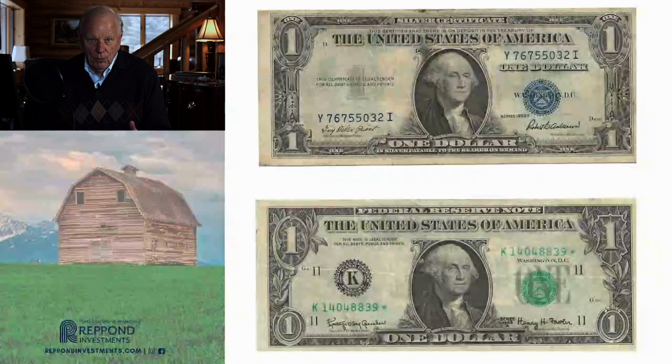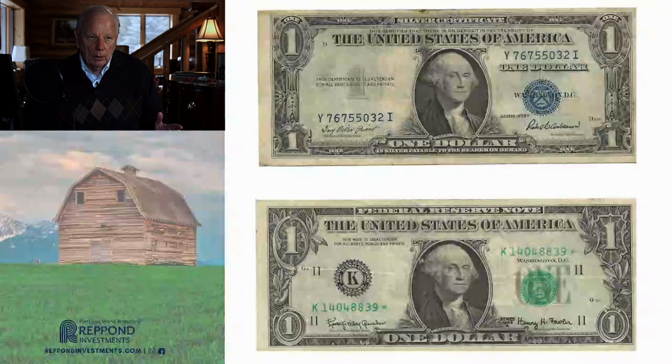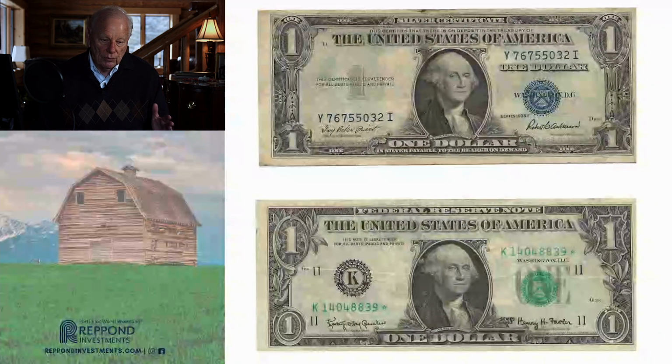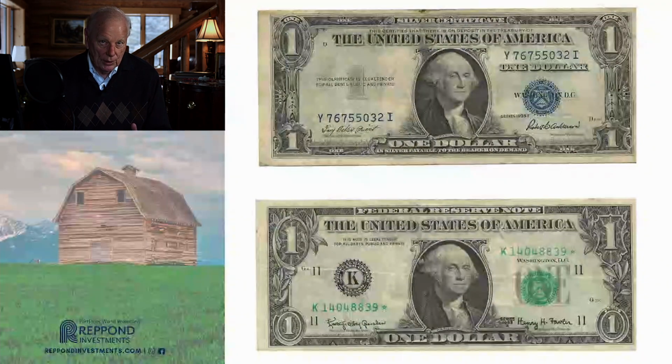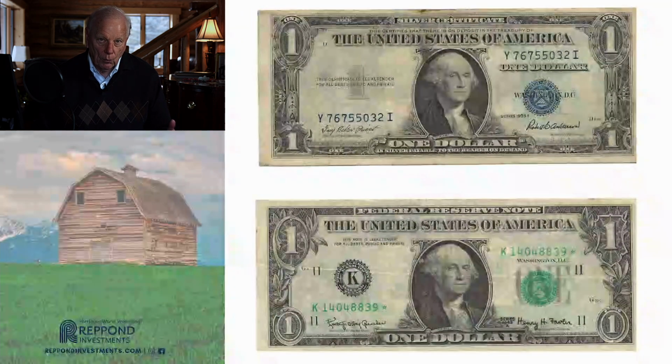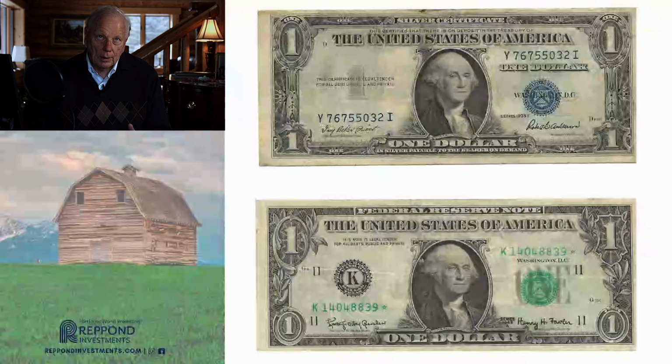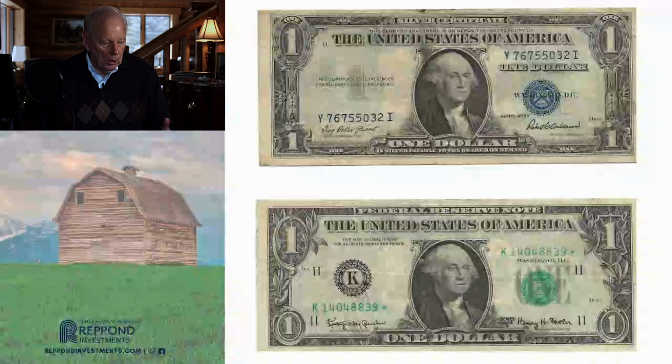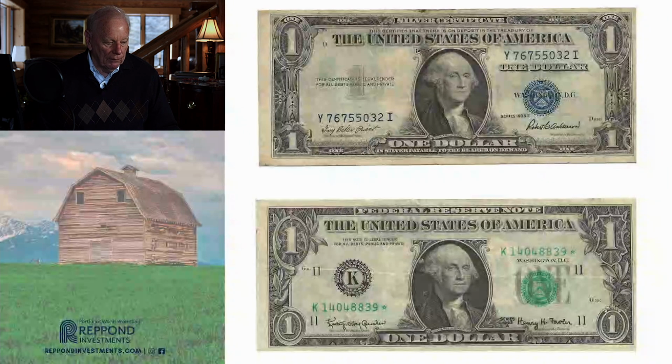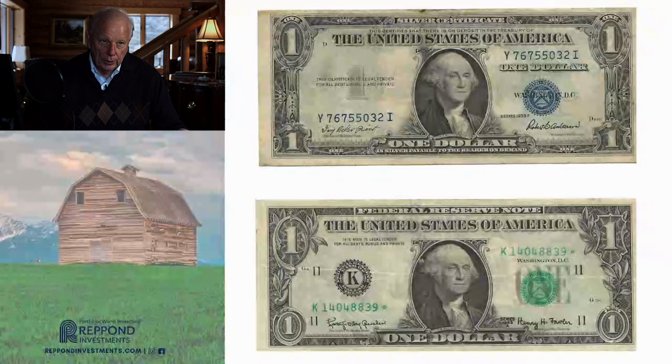What happened before, this is an interesting kind of history lesson. Our gold reserves were depleted about 50% from 1944 to 1971. In that period of time, from 1944, we agreed with other nations, 44 nations in Bretton Woods, New Hampshire.